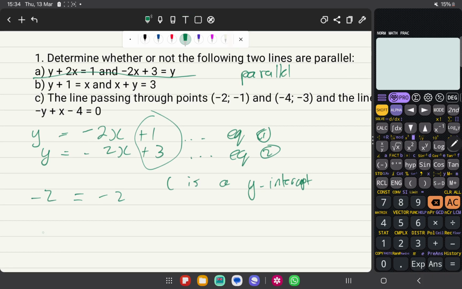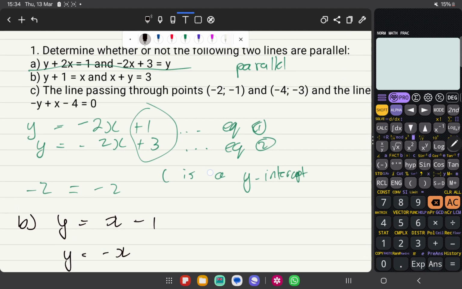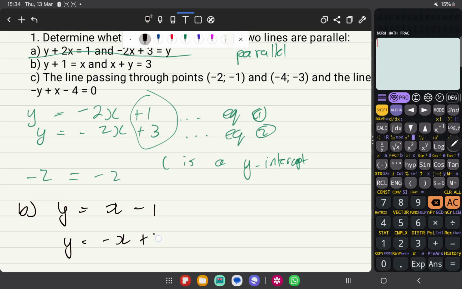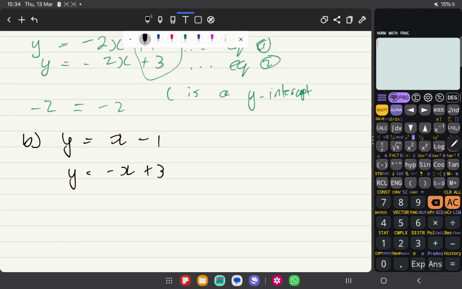The second one, for B, we can say we have y equals x minus 1. For equation 2, we have y equals minus x plus 3. So here the gradients are not equal to each other.